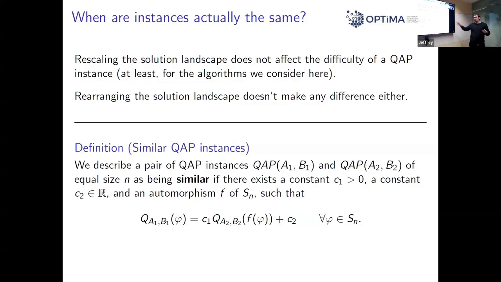Any combination of those operations, we're going to call a similar quadratic assignment problem instance. And well, I don't have any tables for it in these slides, but practically for the algorithms we're considering, pairs of similar quadratic assignment problem instances, the algorithms are equally good at solving.